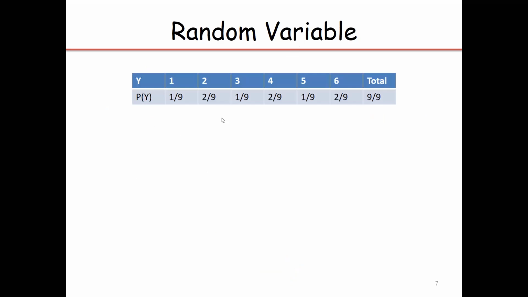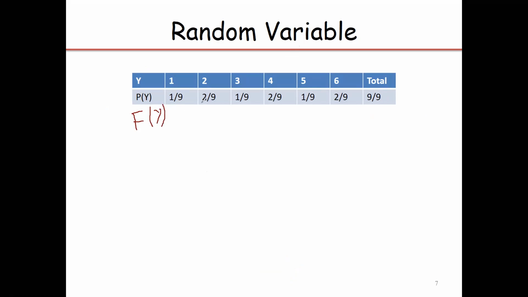This is the complete distribution: 1 upon 9, 2 upon 9, and 9 upon 9. The sum of all of these probabilities will also be 1. If we are interested in a cumulative distribution, the symbol capital F is used for it.